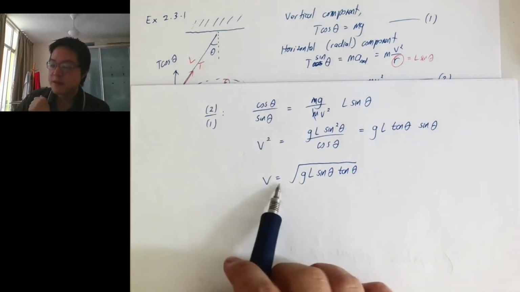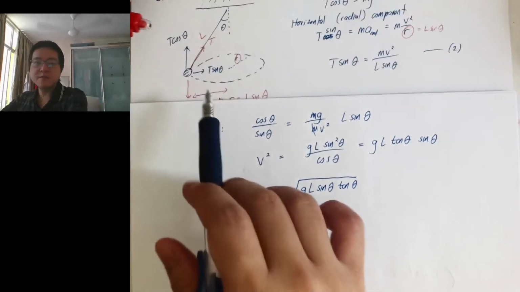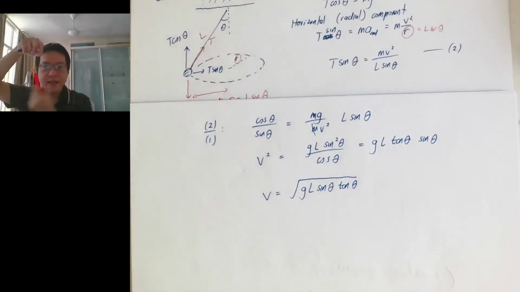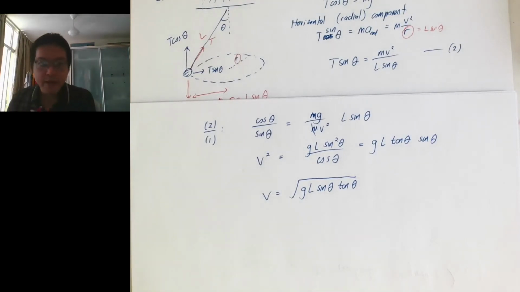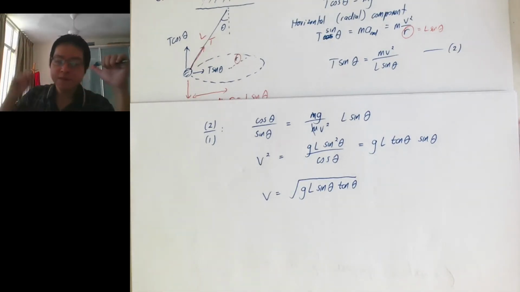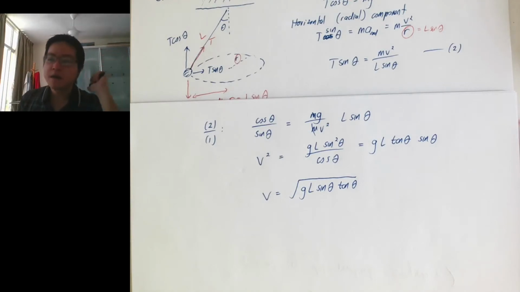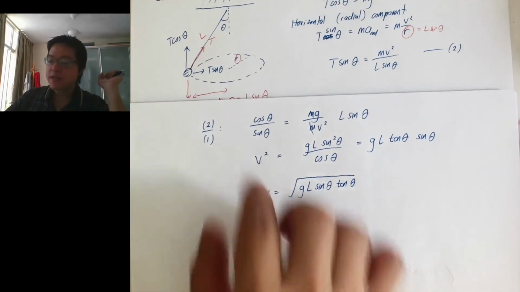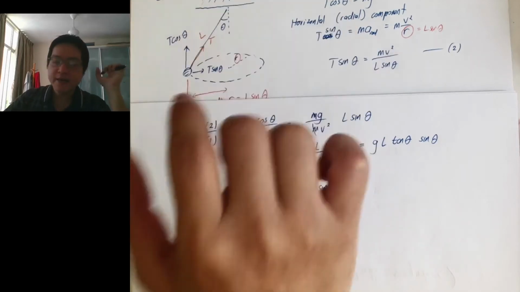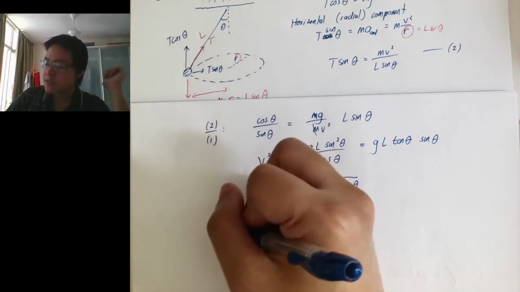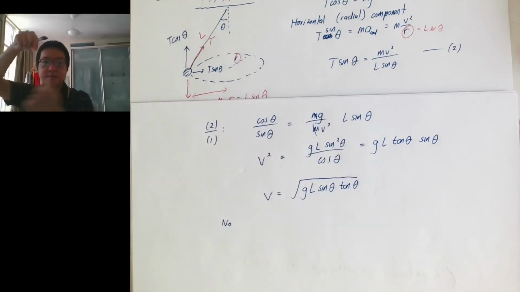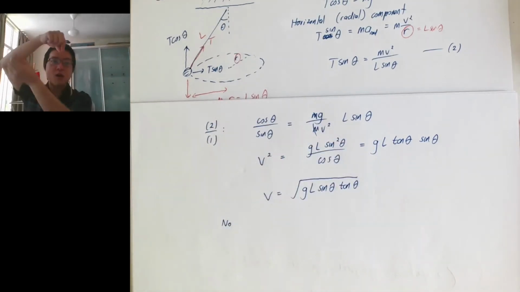So this is for if you want the pendulum to be swinging at a certain angle theta, then this is the velocity that it needs to travel. Okay, so we got this expression over here. Now notice that for a pendulum, you're swinging a pendulum, can I make a pendulum that is swinging perfectly horizontal?